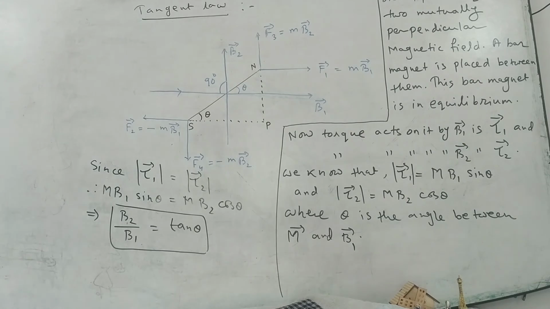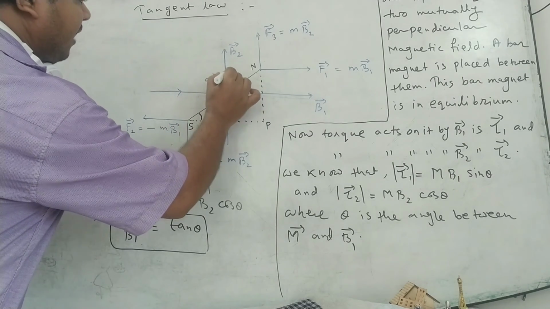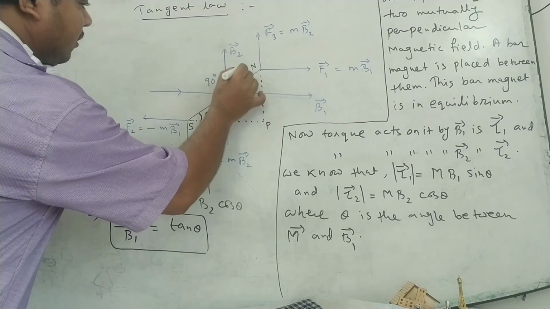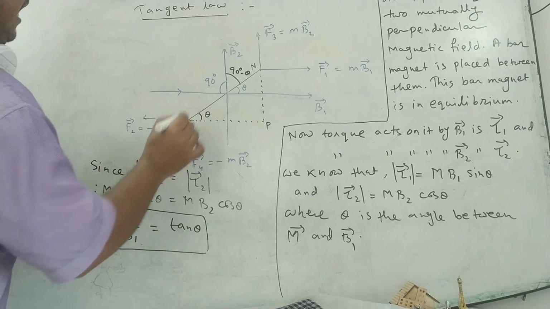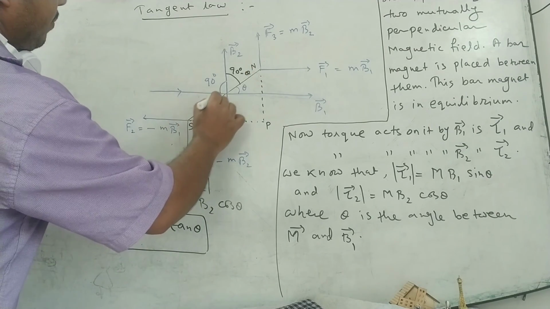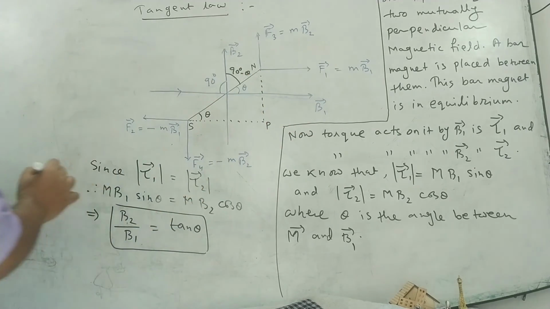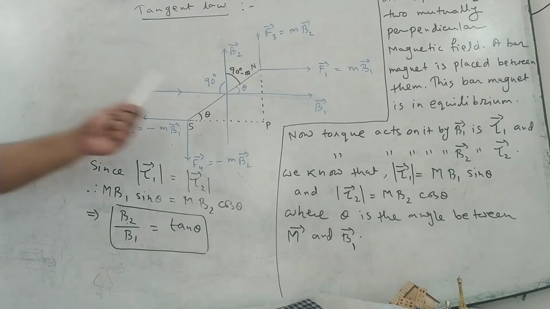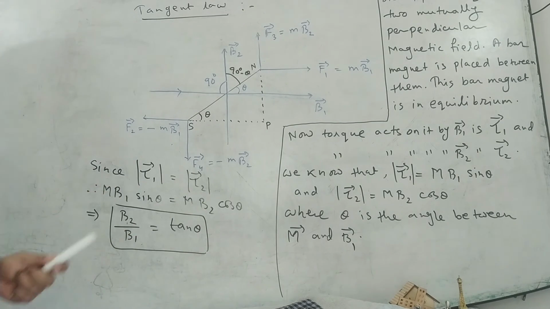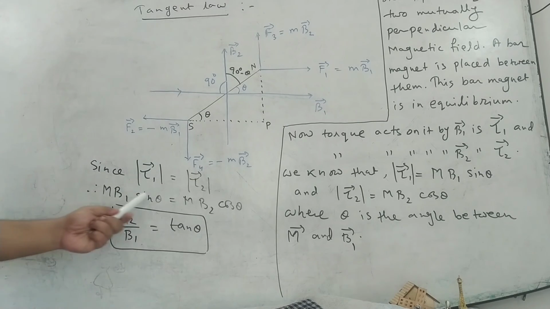That is, the angle between the magnet and B2 is 90 degrees minus theta, and the angle between the magnet and B1 is theta. Since the magnet is in equilibrium, mod of tau 1 is equal to mod of tau 2. Therefore, m B1 sin theta is equal to m B2 cos theta. Therefore, B2 by B1 is equal to tan theta. This is the tangent law.